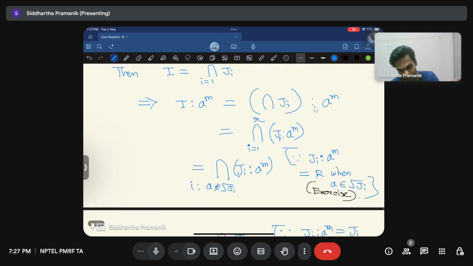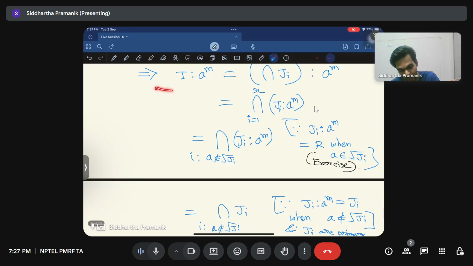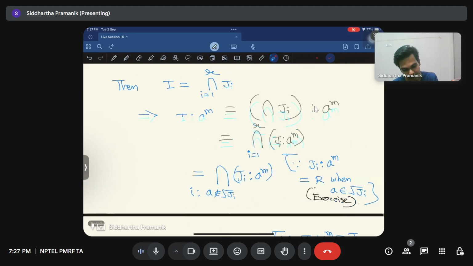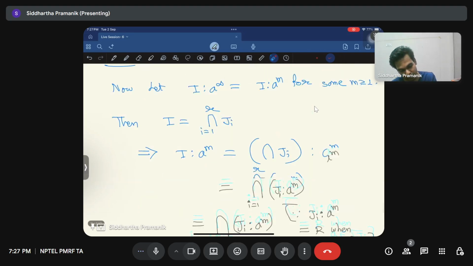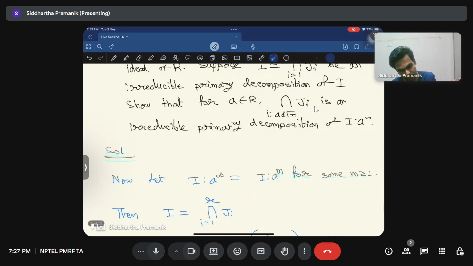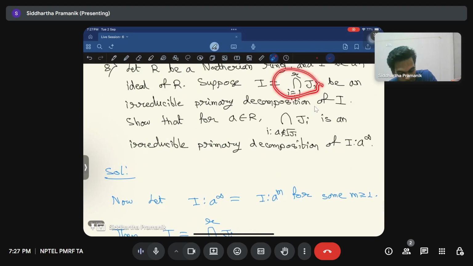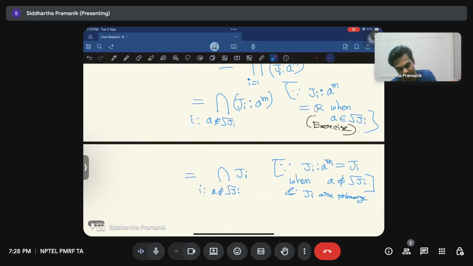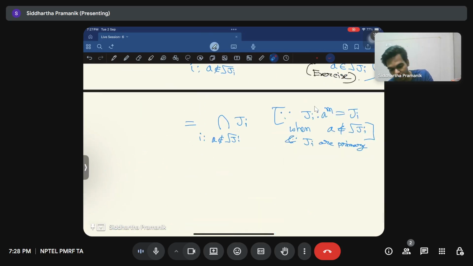So I colon a power m is the same as this intersection, and these are primary ideals, and none of these components can be removed, because this intersection is already irredundant, so you cannot remove any term, and we are taking a sub-collection of this. This is also irredundant.